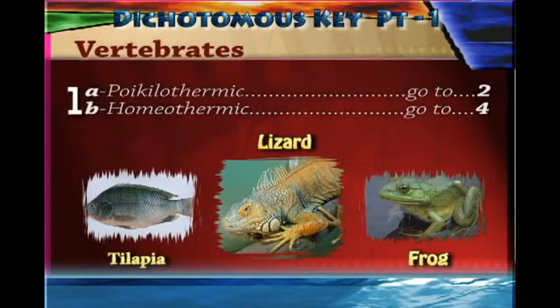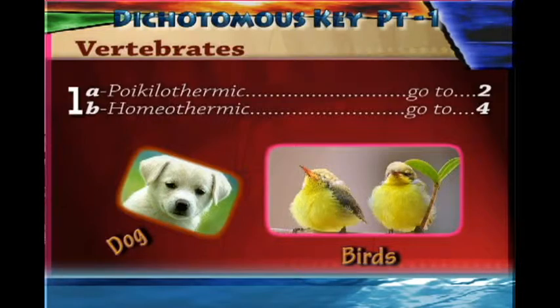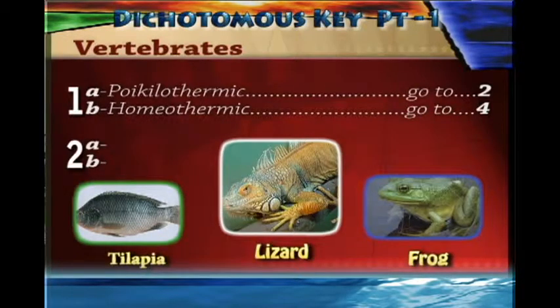And when you look at the homoeothermic, we have the class of birds and the class of mammals. So we say that homoeothermic, let them go to number 4. Now we go to number 2, where we have pushed our poikilothermic classes.